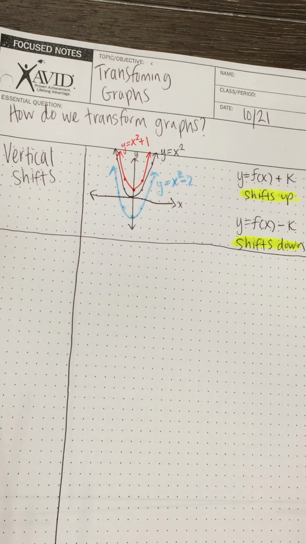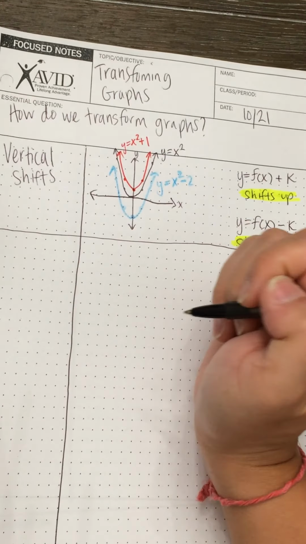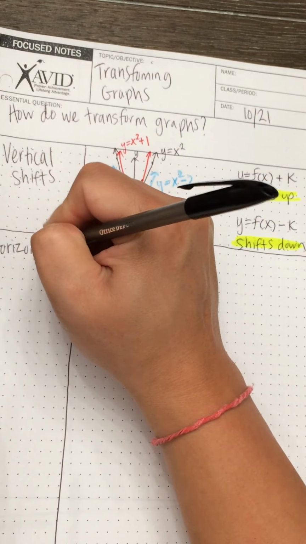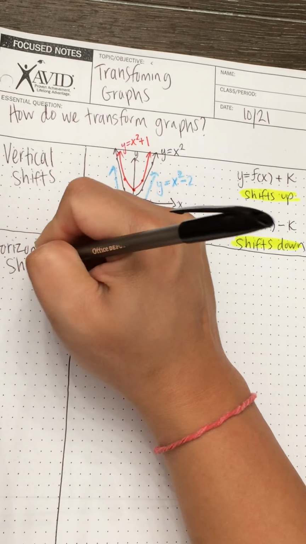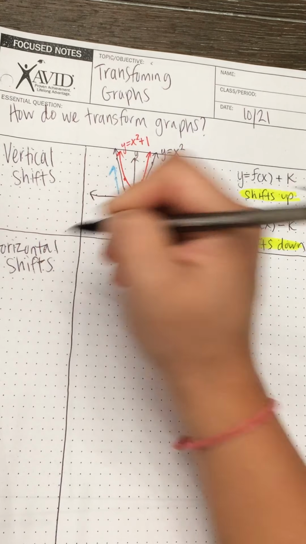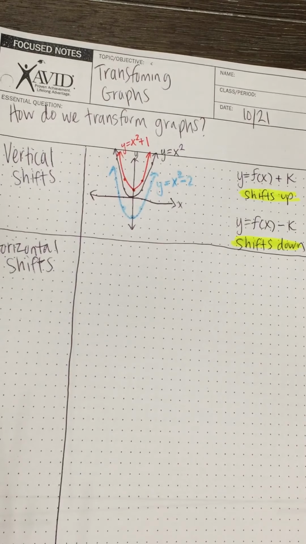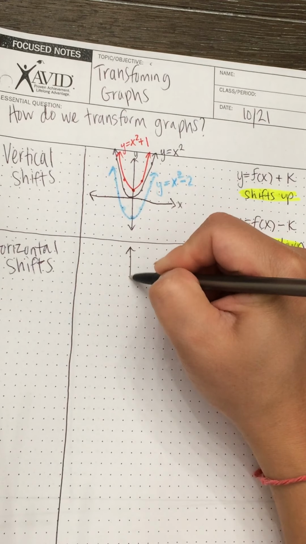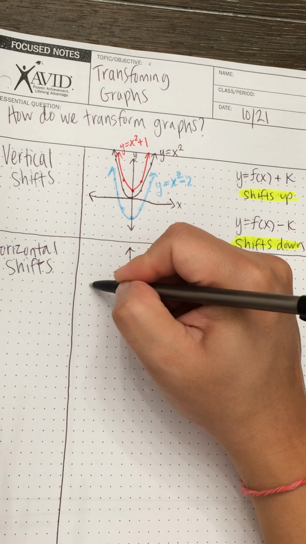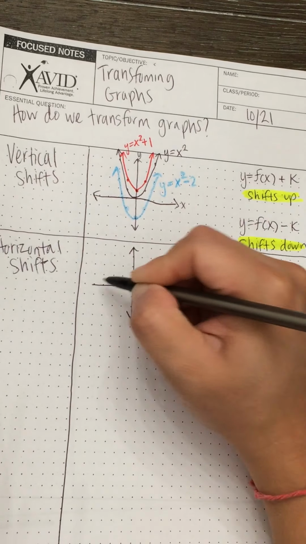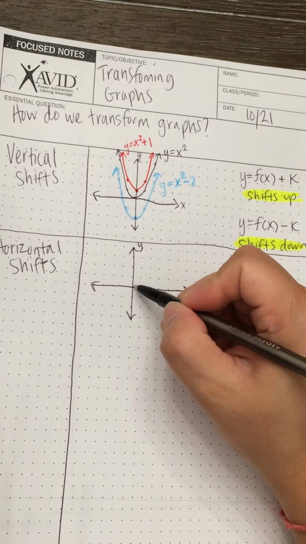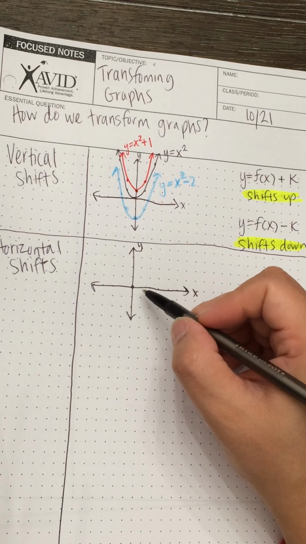All right, let's continue. So that's vertical shifts. Let's do horizontal shift. What makes it move left and right? And for this function, let's kind of change the function up. I'm going to change them every time just so we're seeing a variety of functions, right? So this function here is the square root function.